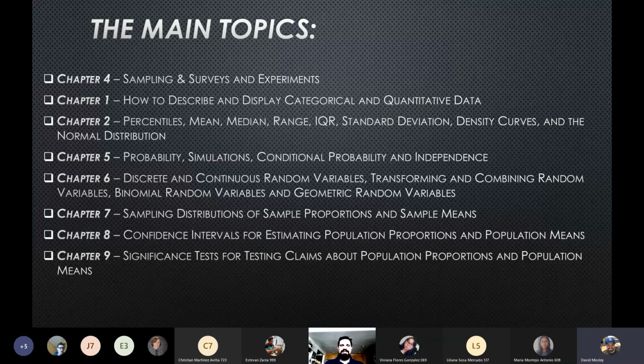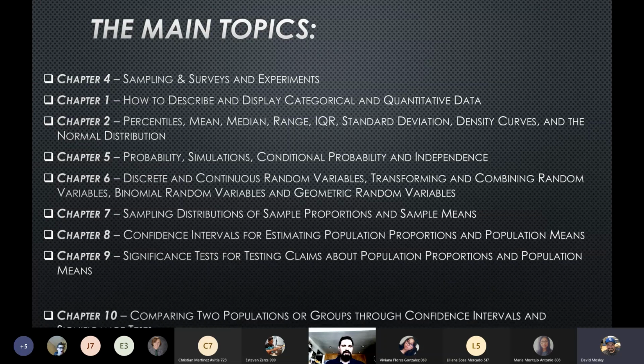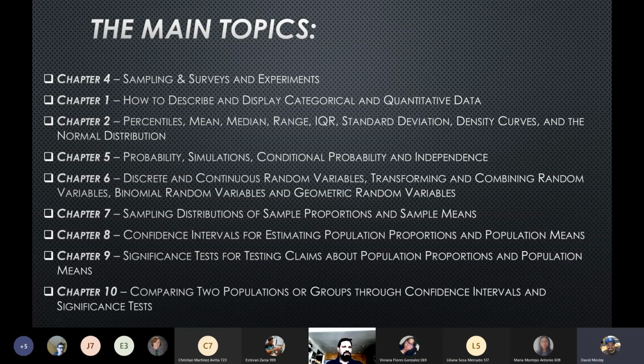Chapter 9 was our significance test for testing claims about population proportions and population means. And lastly, the chapter we just finished was chapter 10, comparing two populations or groups through confidence intervals and significance tests. These are the things that we have seen so far. It's quite a bit.